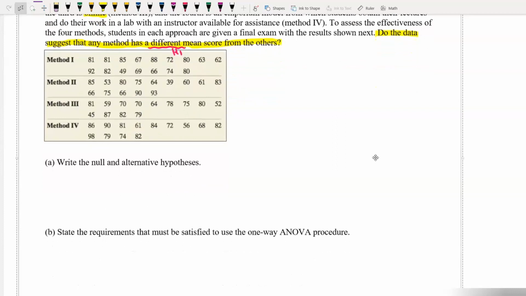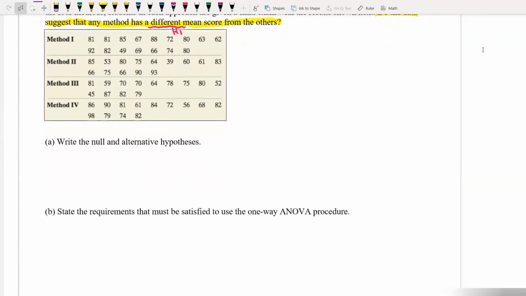Write the null and alternative hypothesis. It's part A. So this is the mean, and I'm going to use 1, 2, 3, 4.